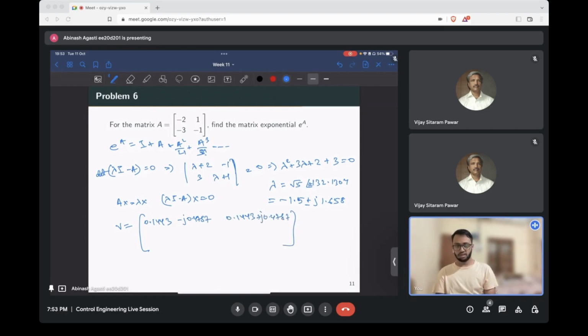Right, some complex values, no need to worry about the actual numeric values. So this V matrix.